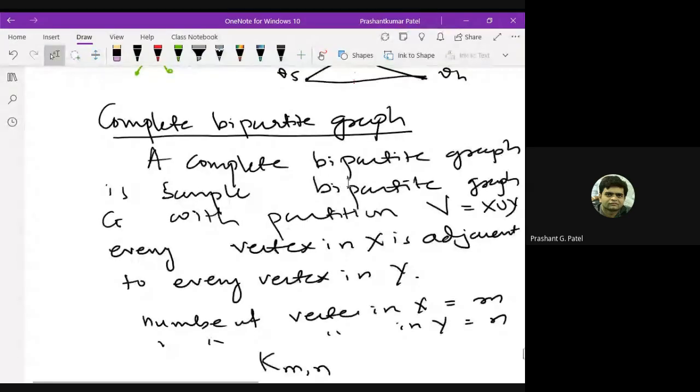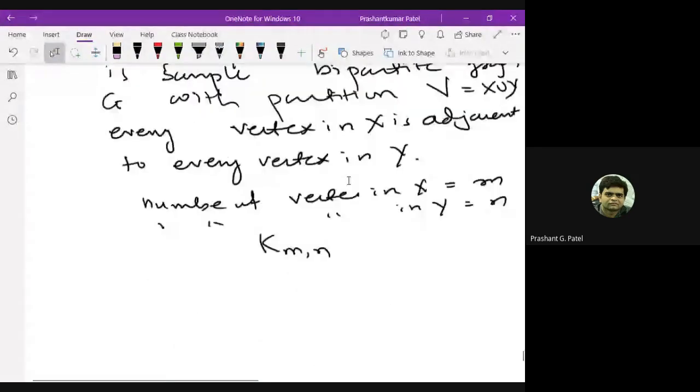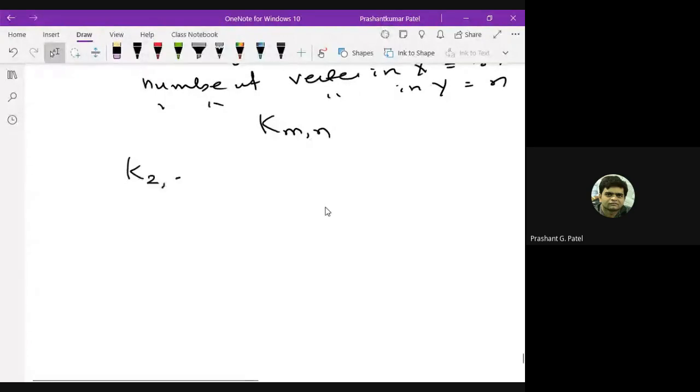So what will be the example of K22? That means the X set contains, this is my X and Y. It has to be a bipartite graph.